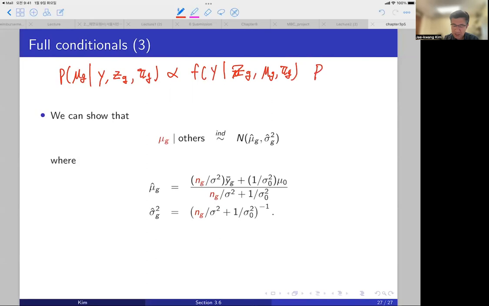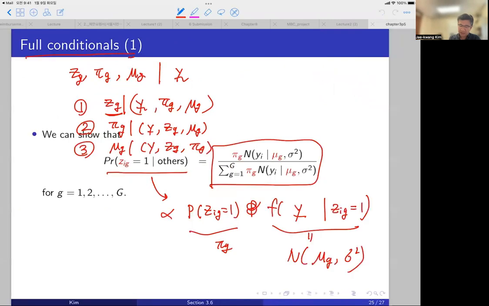So your prior for mu g given z is normal, mu 0 and sigma 0 square.